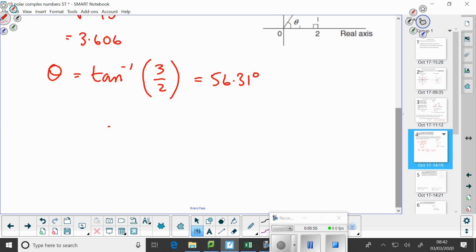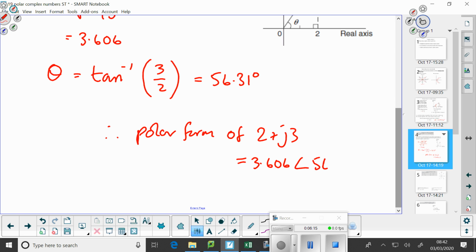Therefore the polar form of 2 plus j3 equals 3.606 at an angle of 56.31 degrees. Do you all follow that?